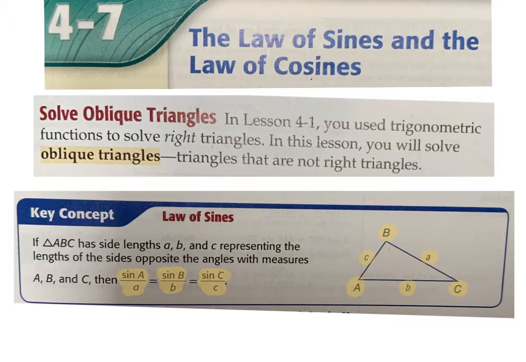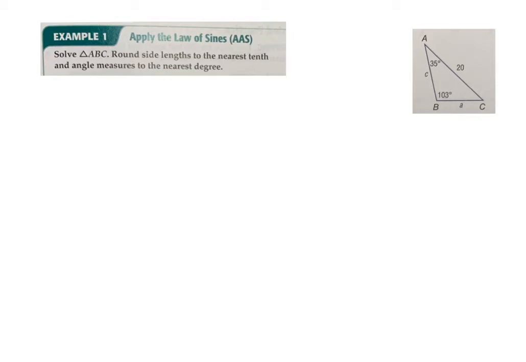Let's look at the first example. Solve this triangle. Round side lengths to the nearest tenth and the angle measures to the nearest degree. We see that we have angle B and we have side B. You must have at least one angle and its opposite side to use the law of sines.